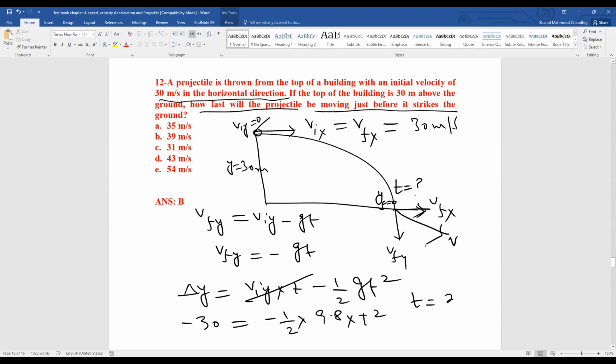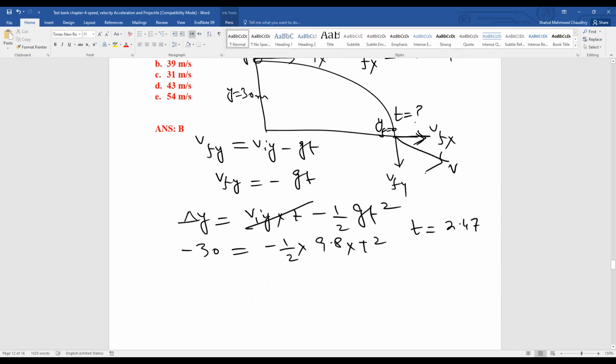The time value is 2.47. So we have the time value. We have Vf of y. Here you can put the value Vf of y is minus 9.8 into 2.47. When you multiply this, you will get minus 24.20 meter per second. So this is your Vf of y.